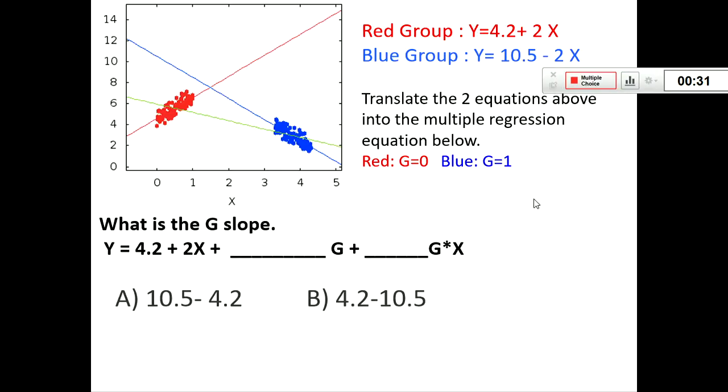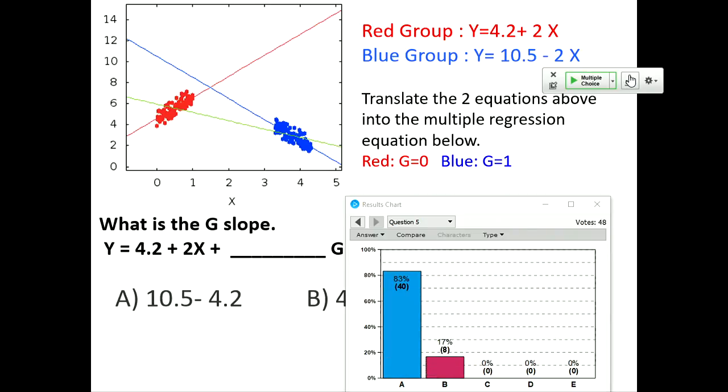Okay, y'all finished? Choose one, just 5 more seconds. Okay, stop, and let's see if you got it. Great. It is A, because you wanted to end up with 10.5. 10.5 minus 4.2 plus 4.2.